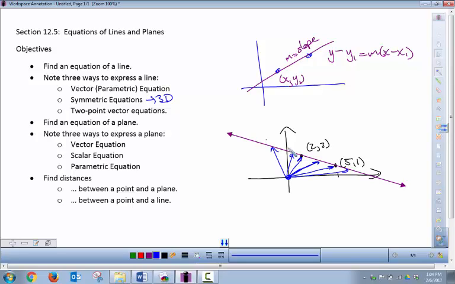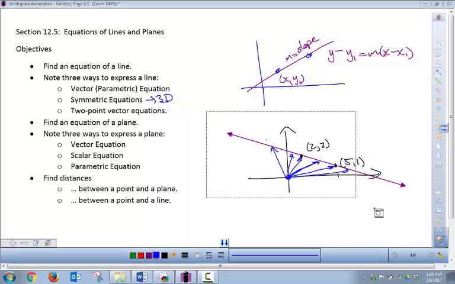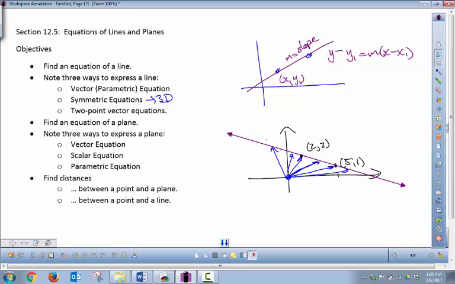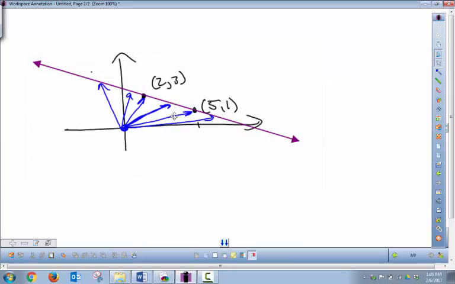The way we're going to do this is by addition and scalar multiplication. Maybe I should put this in a new page so that I can have more room. So this is my idea, to be able to point at every single point on that line.